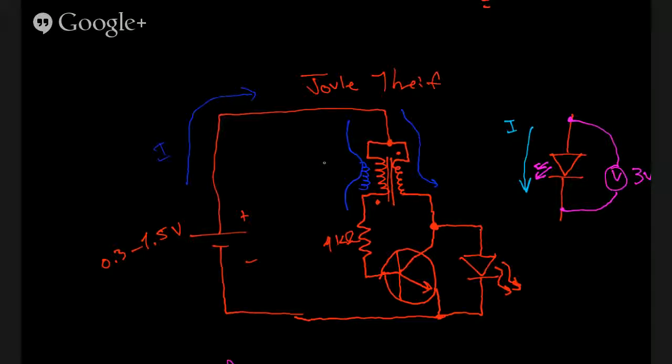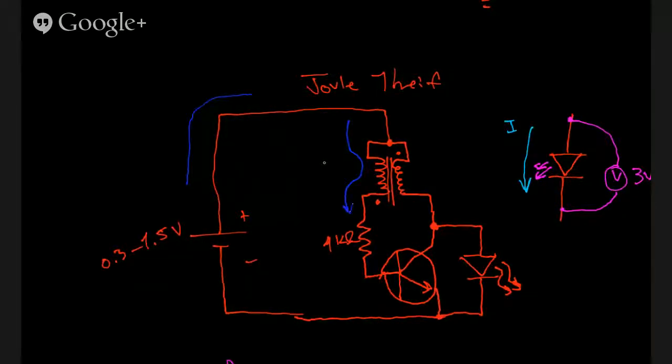And actually, if we follow this all the way through, we know that there's not enough voltage here to light up this LED, so there actually won't be any current flowing on this side. Electricity always follows the path of least resistance.